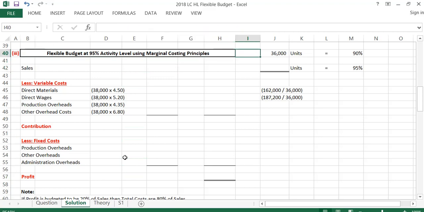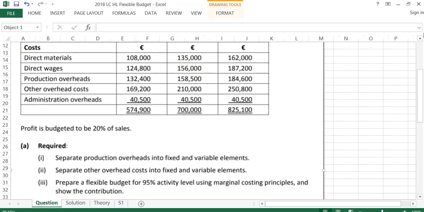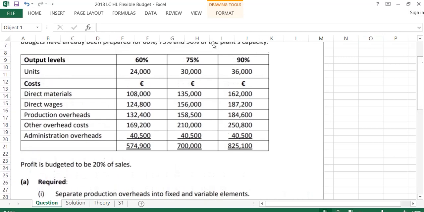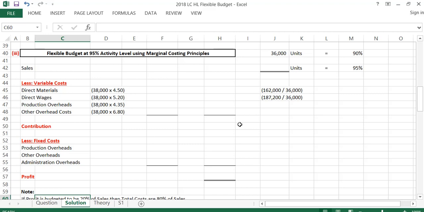In the question it tells us that when the output is 36,000 units, we're working at 90%. Now, in this part of the question, we're working at a 95% level. So if 36,000 is 90%, I divide that by 90, and then to get 95, I multiply it by 95. So 95% activity level will be 38,000 units.